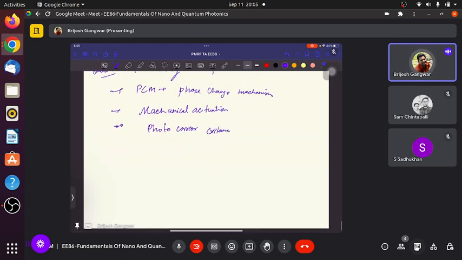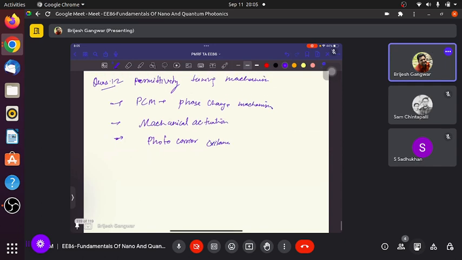So which one is the worst? You have to arrange the order of prominent permittivity tuning mechanisms. In that one, this is number one.